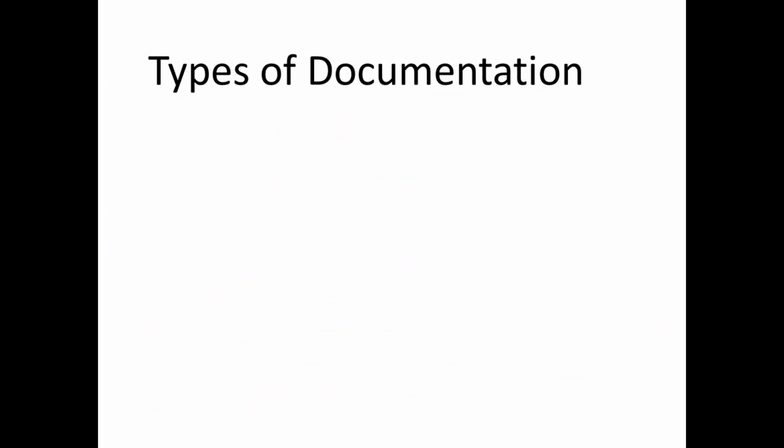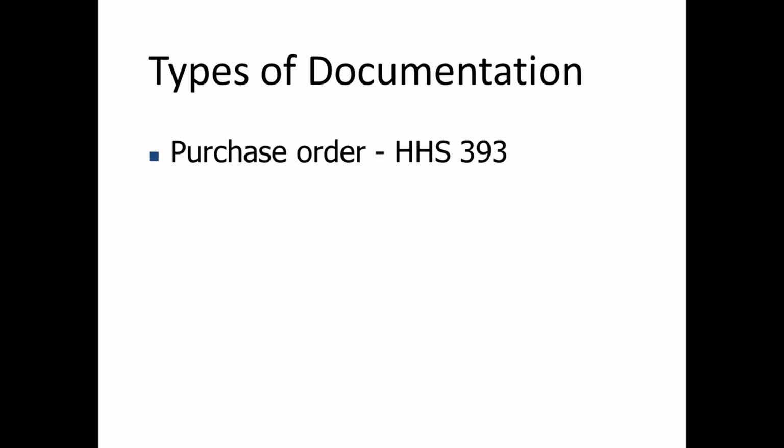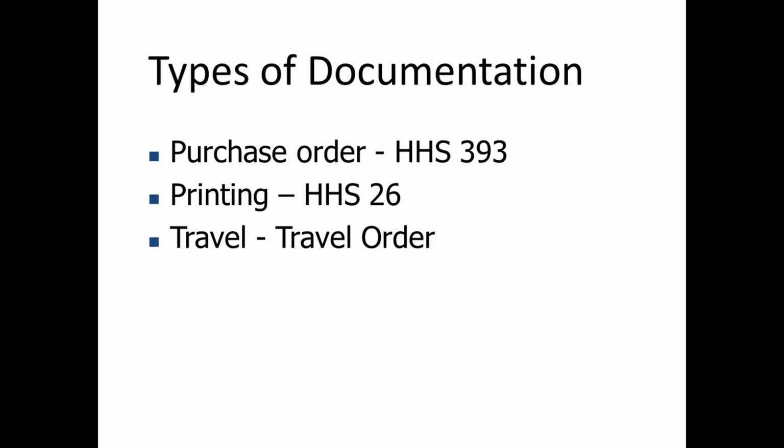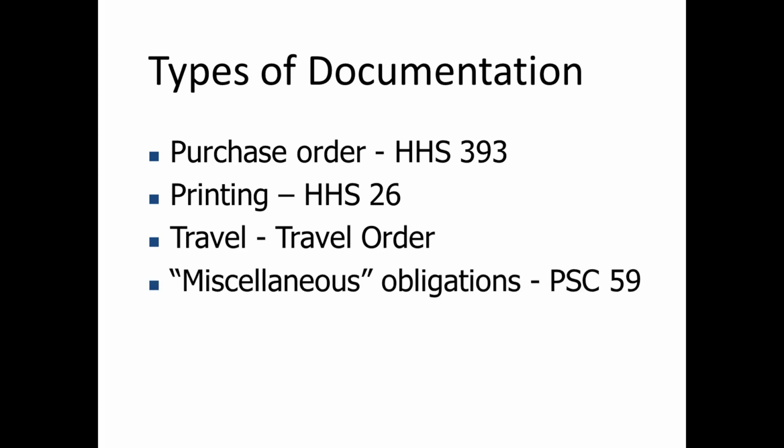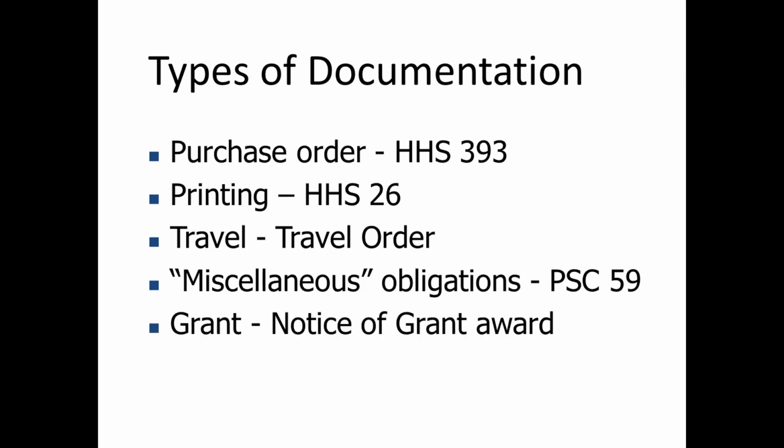Different types of obligations require different forms of documentation. For example, if you want to purchase something, you might use a purchase order, or HHS Form 393, and HHS 26 for printing, a travel order for travel, a PSC 59 for miscellaneous obligations, or a notice of grant award for a grant.